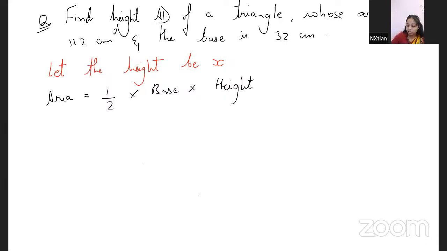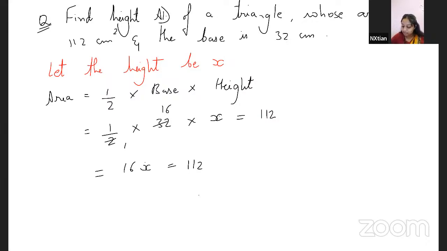Put the values: half into base 32 into height x equals 112. Now cancel. 2 ones are 2, cancel 32, 16. So 16 into x equals 112.